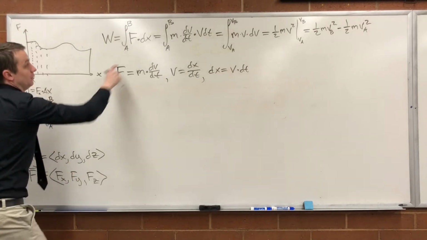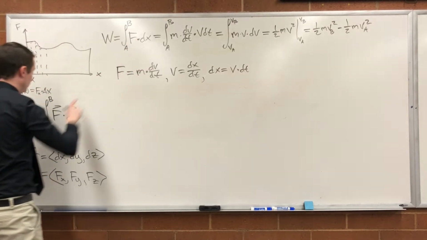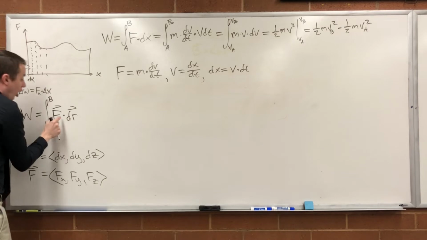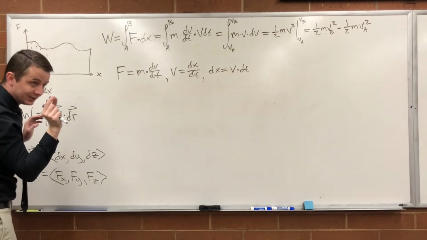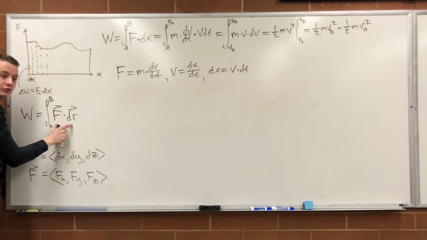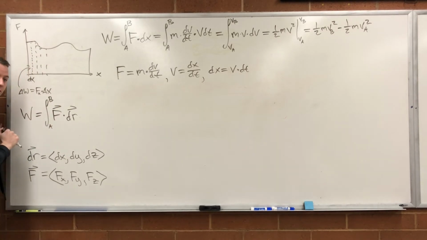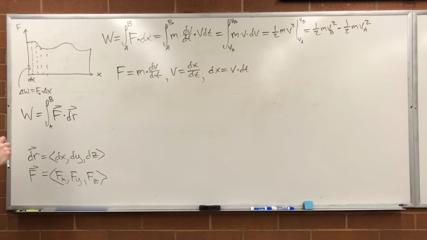I'm doing the exact same thing we did up here, just in 3 dimensions. A small force dotted with dr across a very small distance gives us a very small amount of change in work. Add up all those changes in work. Gives us a total change in work. Make sense?